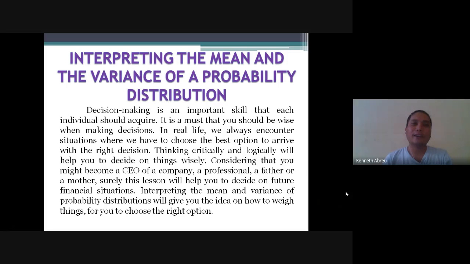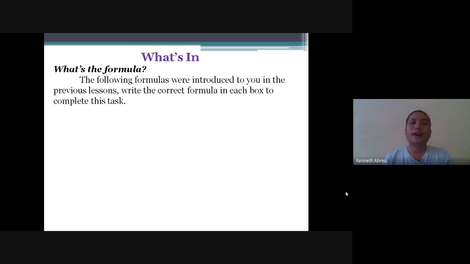It is correct that it is important for us to have wise decision making. Okay? So let's go on with this activity. Based on the given directions, you are going to write the correct formula in each box to complete this task.